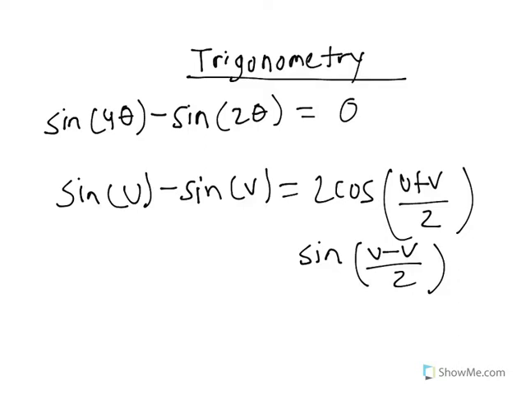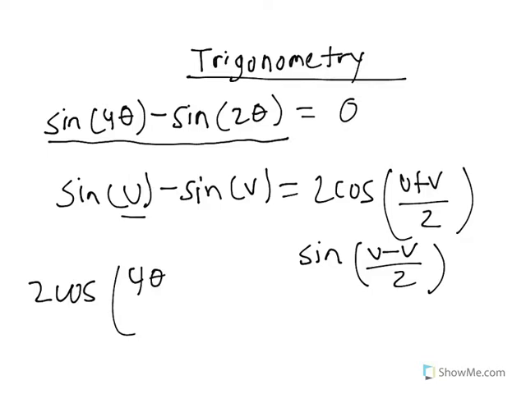So how this identity looks when it's applied to the problem we're trying to solve, which is above, is going to be 2 times the cosine, and then you have u plus v. In this case, u is going to be 4 theta, and v is going to be 2 theta.